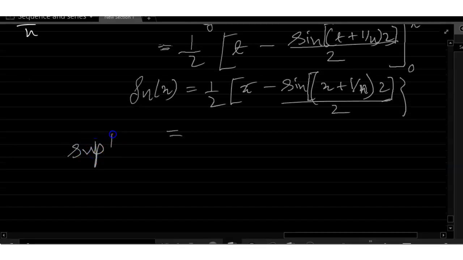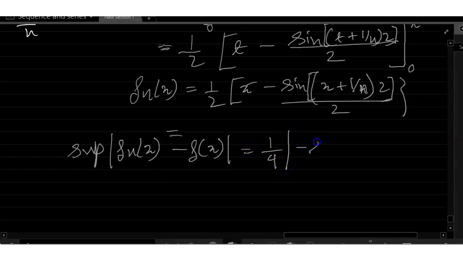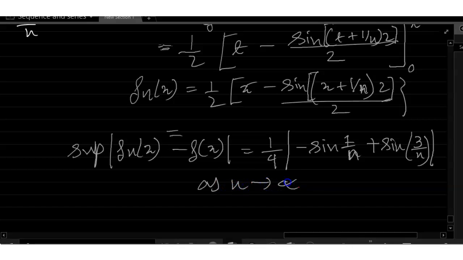Supremum of fn(x) minus f(x) equals 1 by 4 minus sine 1 by n. Since as n tends to infinity, this tends to 0.